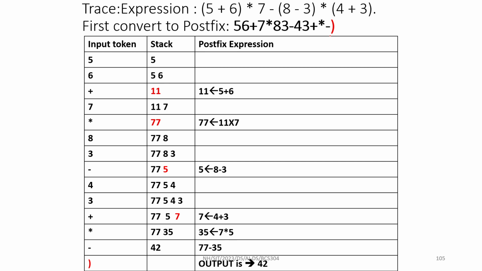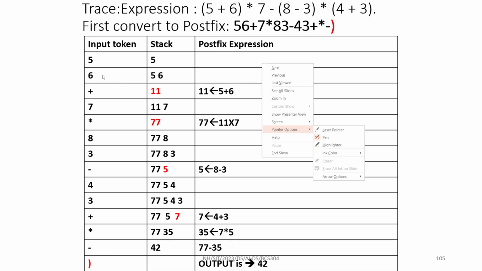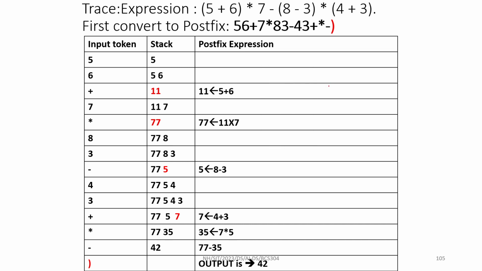Just to mark that it is the last symbol of the expression, which we don't want to use. Now we'll start one by one. Sorry, the first symbol is 5.